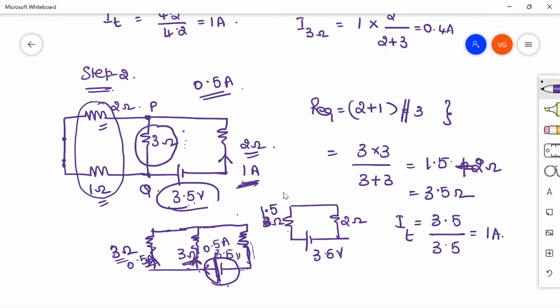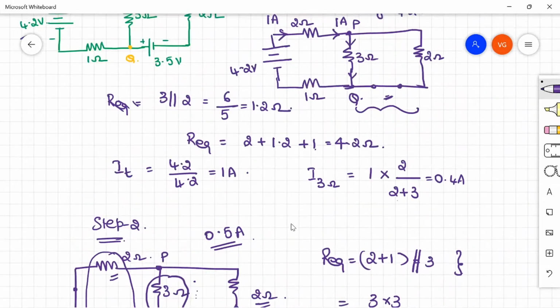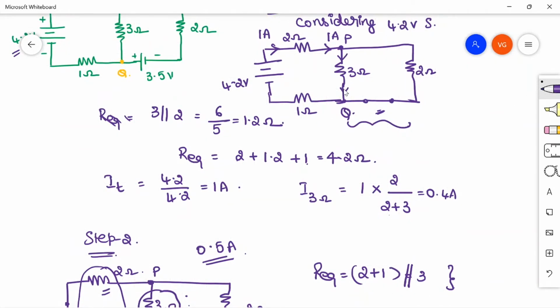So 0.5 ampere is going in upward direction here, if you see, right? So because of 3.5 volts voltage source, the current that is flowing in PQ branch is from Q to P, that is 0.5 ampere. But if you see it in the previous case, the current is flowing in the downward direction, 0.4, right?